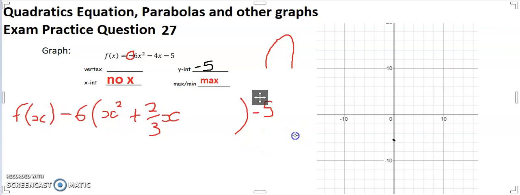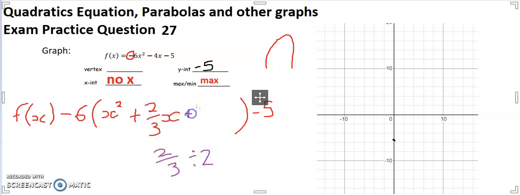Now the next thing I want us to think about is completing the square, which means I need to look at what is half of b over a. Half of b over a is 2/3 divided by 2, which is 2 over 6.